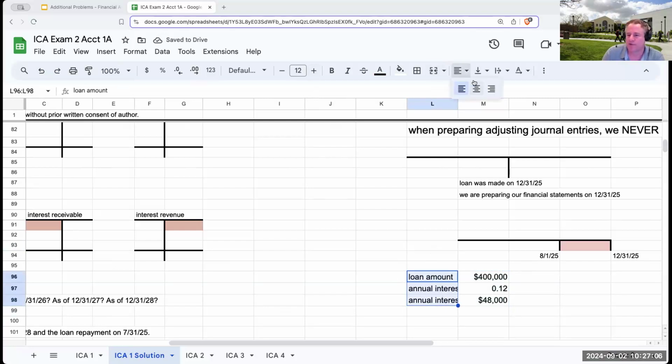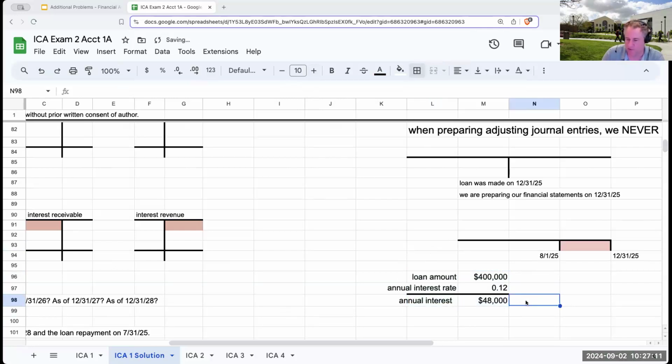Now, we've got 48,000 of annual interest. This is for 12 months or a full year. In our case, our year ends December 31st, 2025. It began on January 1st. We're a calendar year company. So how many months has the loan been outstanding for? Well, we've got August, September, October, November, December, or 1, 2, 3, 4, 5.